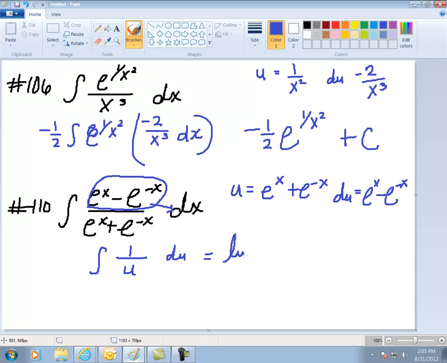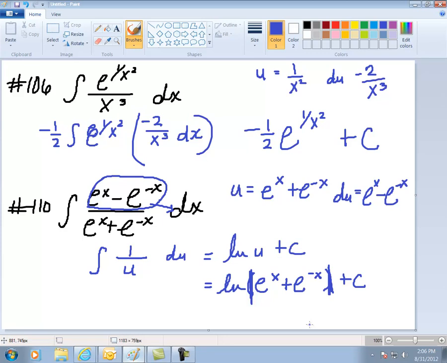So this is going to become the natural log of u plus c, but in our case, the u is e to the x plus e to the minus x. So this is going to be equal to the natural log of e to the x plus e to the minus x, all plus c. All right, and now I did make one little error. These need to be absolute values here.